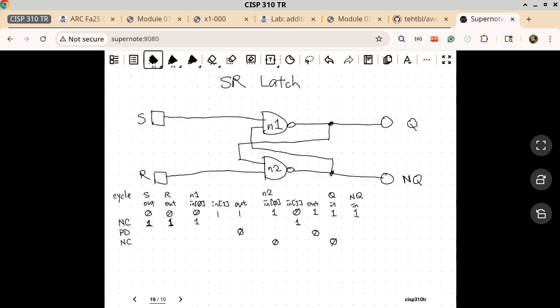So this 0 will now be, quote unquote, spread to NQ. So NQ is now going to be a 0. And at the same time, there's a little tap here. That tap goes to the second input of N1. So that means in 1 of N1 is also going to change to a 0 because of node connectivity.